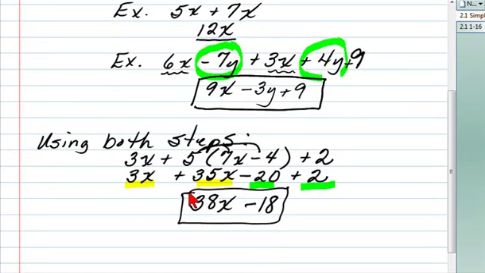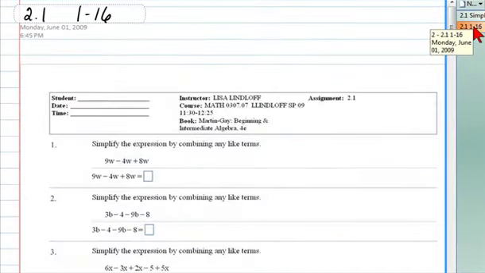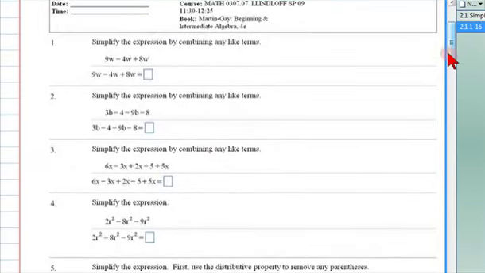Okay, now let's go ahead and go to the math lab problems. And I'm going to see if this works for us. I'm going to make this just a tiny bit larger.